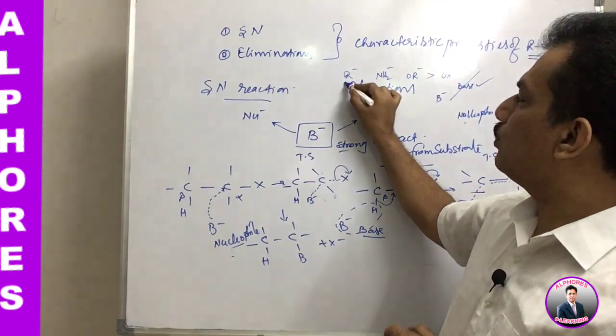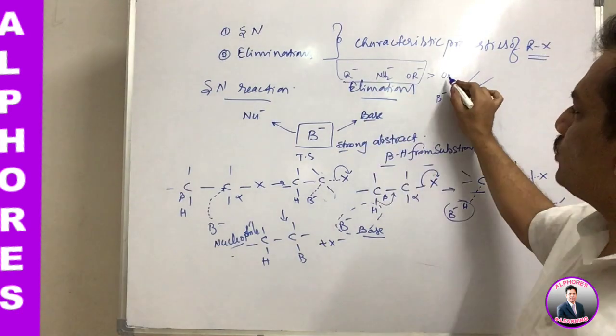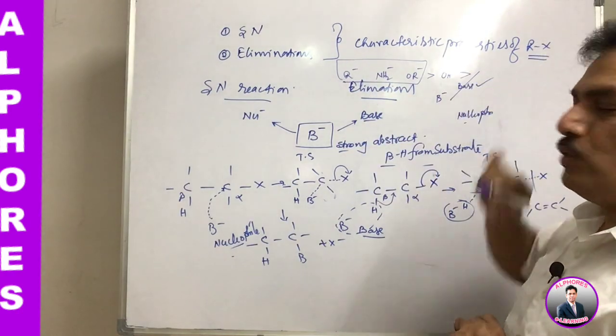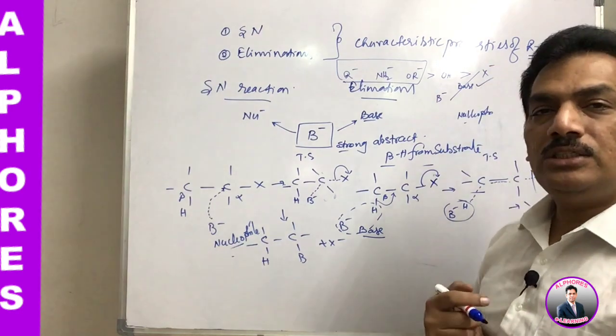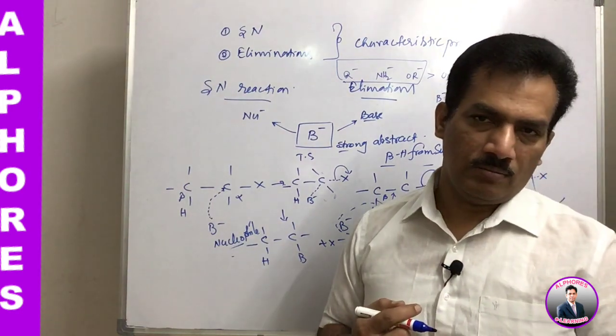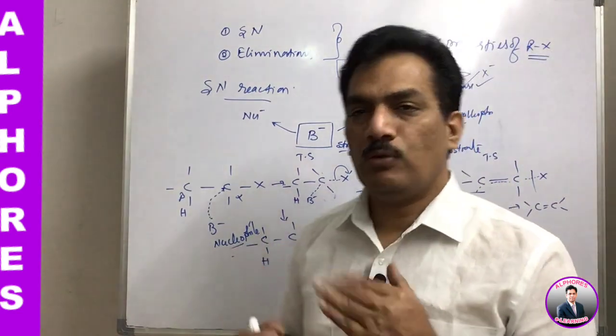So all these groups behave as bases, and OH minus and weaker than OH minus, say for example X minus, HX is a strong acid when compared to water. So X minus will automatically be a weak base compared to OH minus.